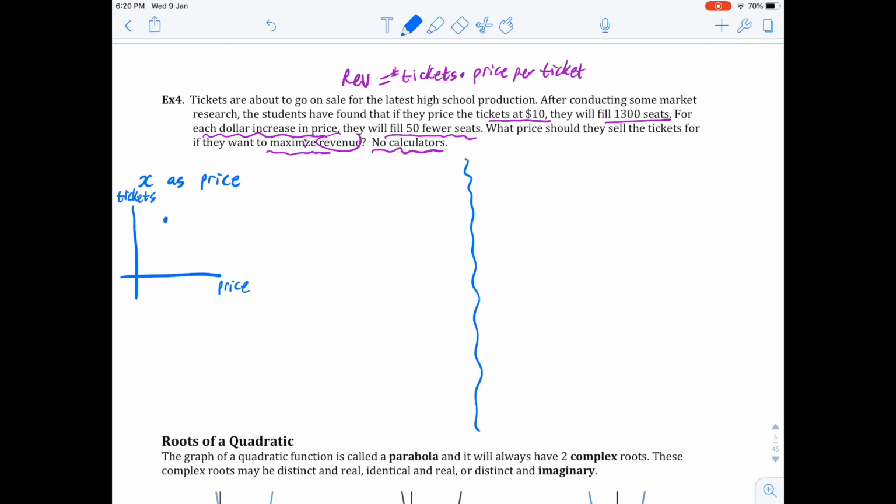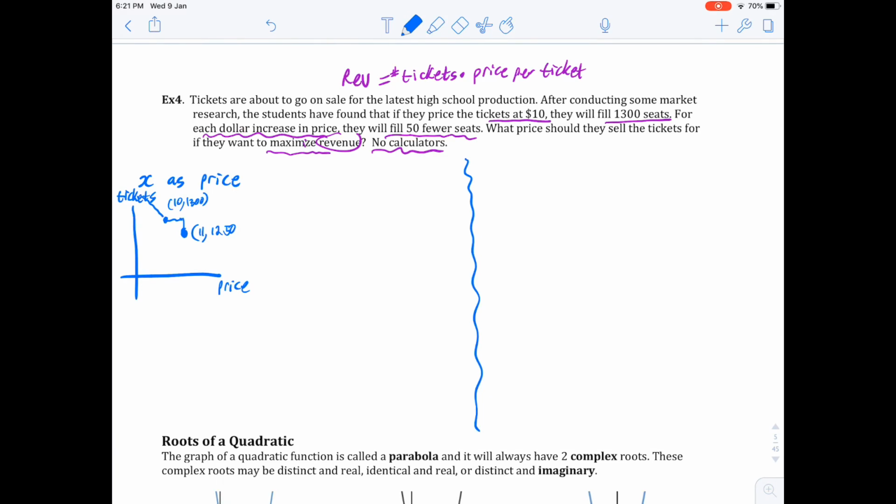I also know that for each dollar increase, so from the point x equals 10, y equals 1,300, the next point along the way has 50 seats fewer. If I increase by $1, I'm going to decrease the number of seats, and the next point I'm going to arrive at is 11, 1250.